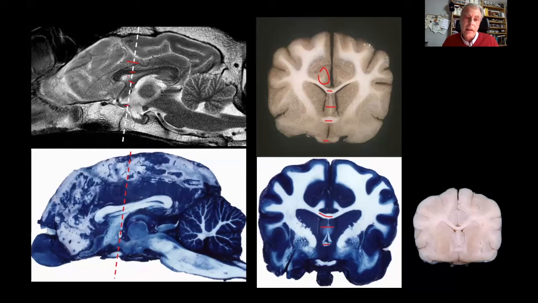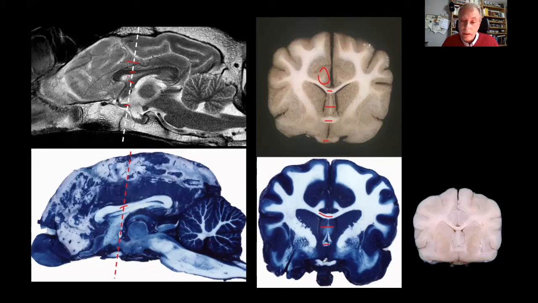Here is the presphenoid bone. So again, in this Mulligan, we have the corpus callosum. Underneath, we have the telencephalic septum, rostral commissure here, and optic chiasm. Here we identify the hypophysis.